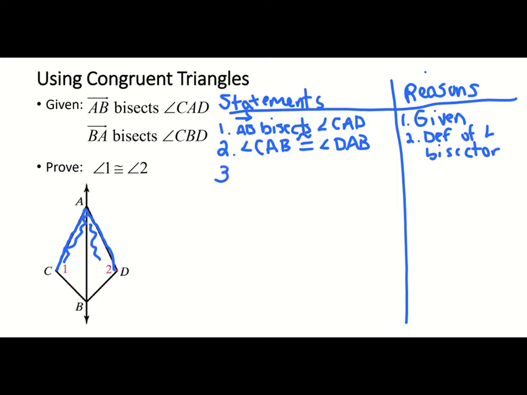All right, then next, we're going to go to the other given. I now know that ray BA bisects angle CBD, and that is a given.